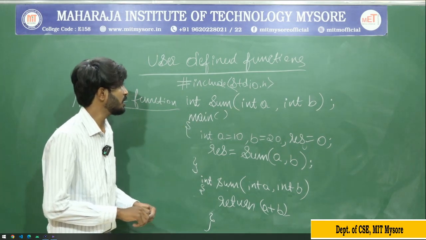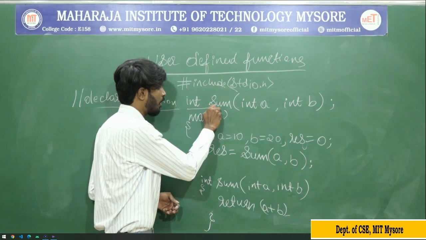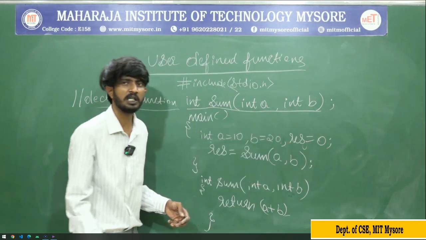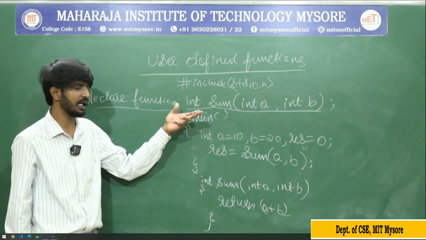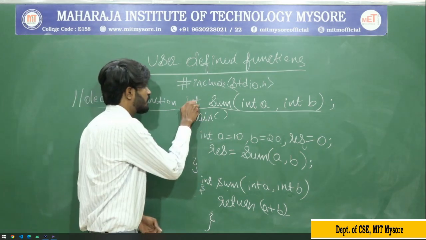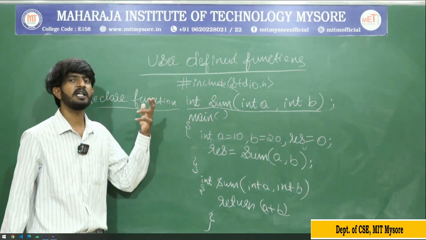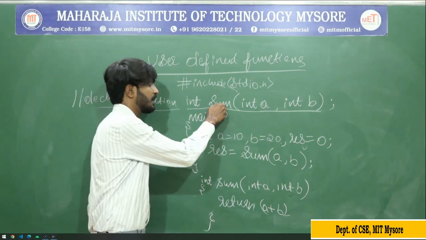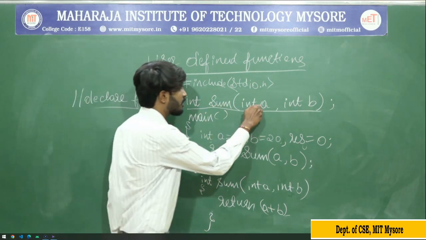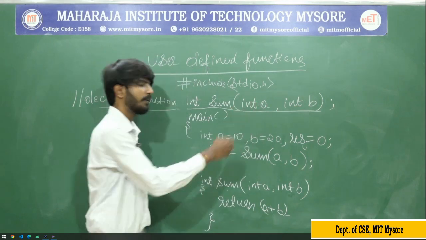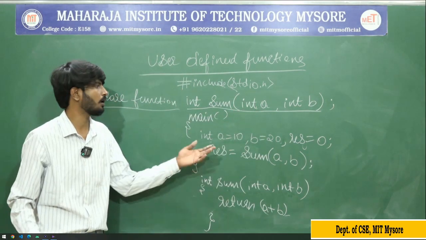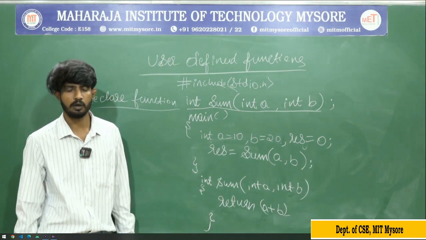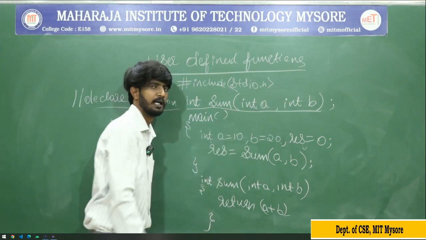Okay. So firstly you need to register or declare your function in the declaration section. This is the return type, this is the name of the function, and these are all the parameters. You can have one parameter based on your criteria, or you can have 100 parameters. So int a and int b.